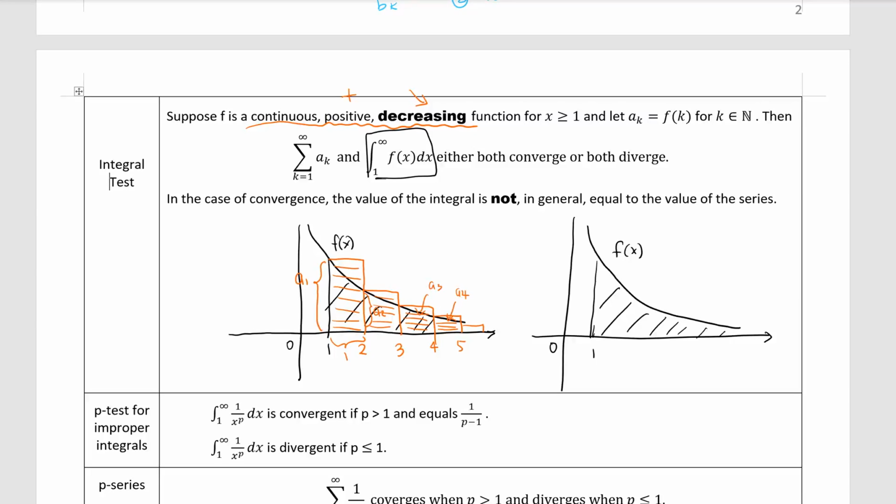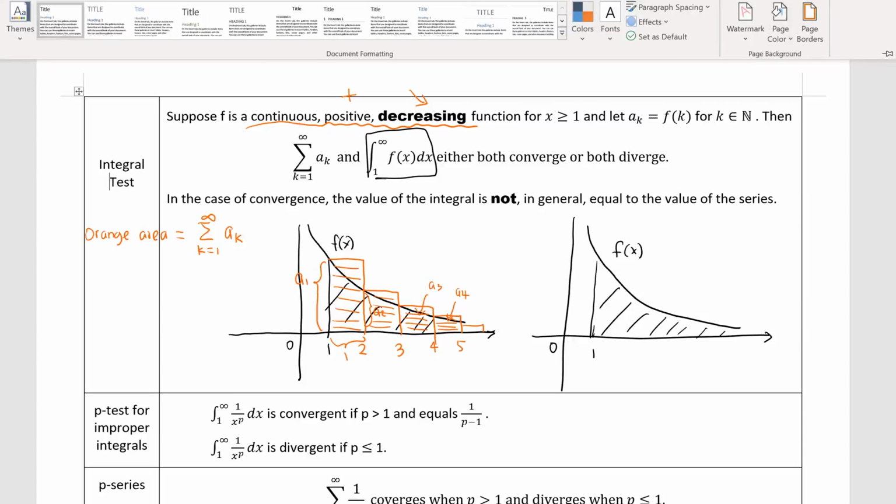So what's the orange area? The orange area is actually the sum of a k from 1 to infinity. And can you see the orange area is actually bigger than the black area? Yes, so we have the orange area is bigger than the black area.